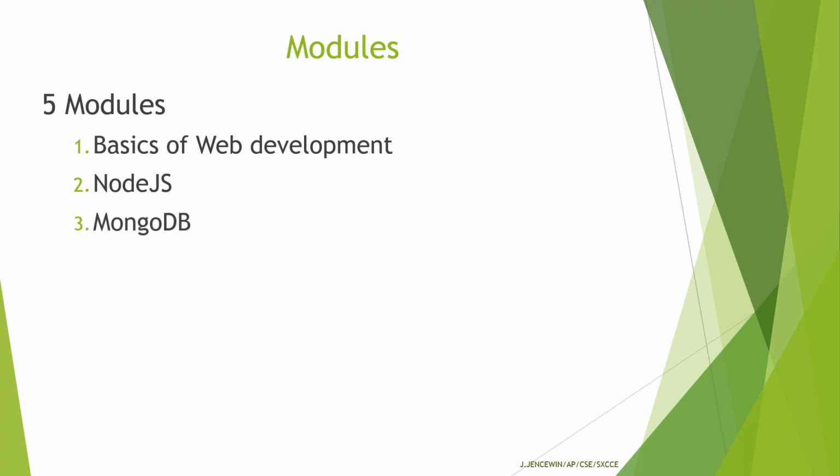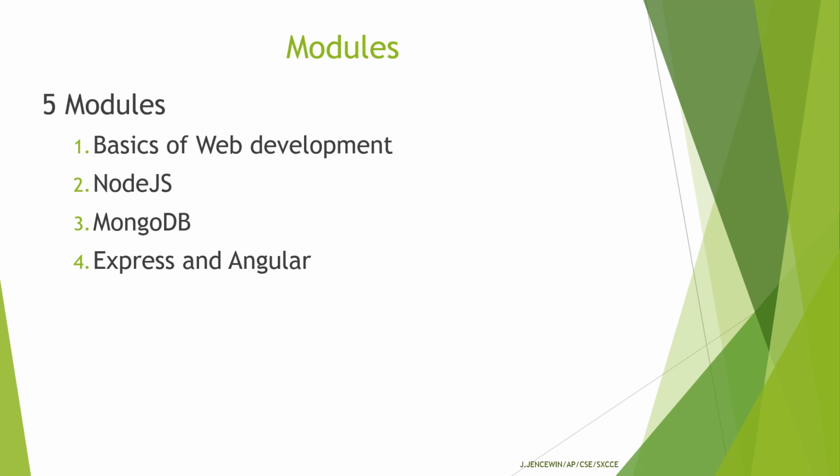And the third one, MongoDB. In the third module, we are going to see this NoSQL database called MongoDB. It is a document-oriented database, and we study it in detail in the third module.